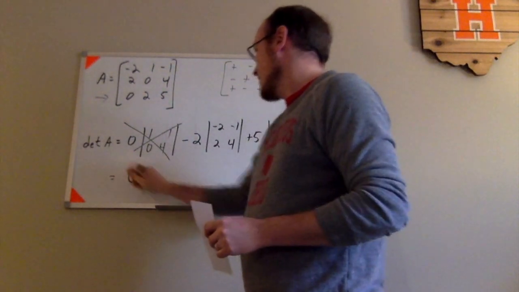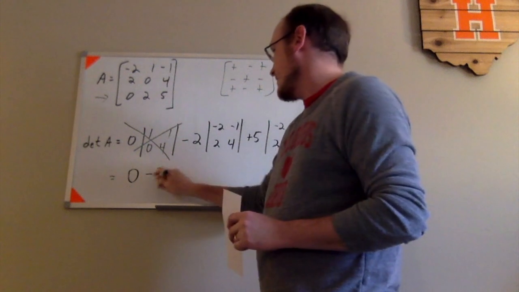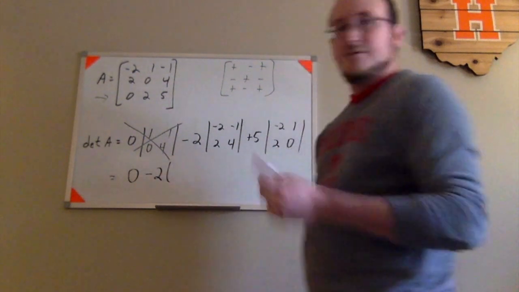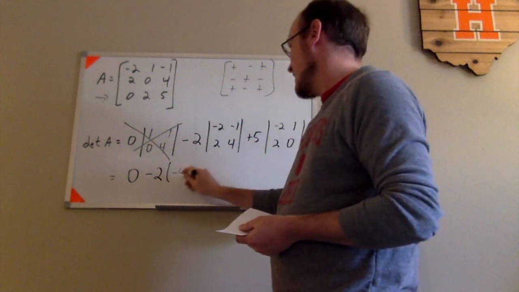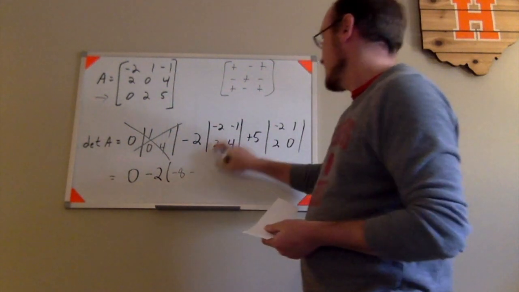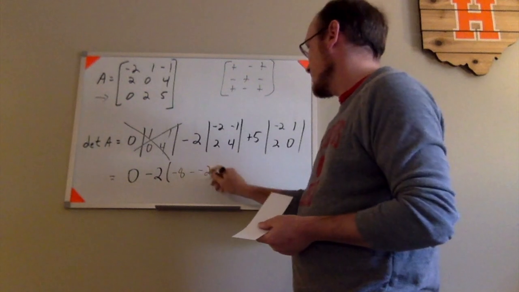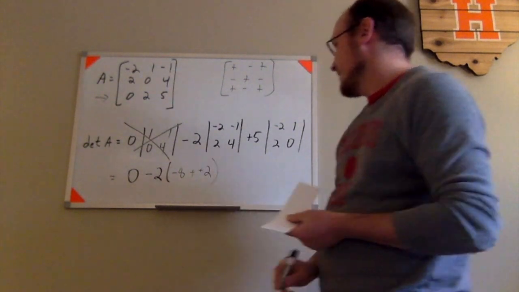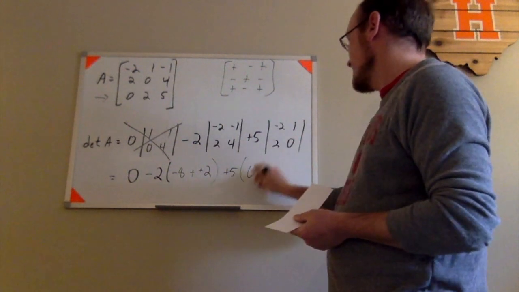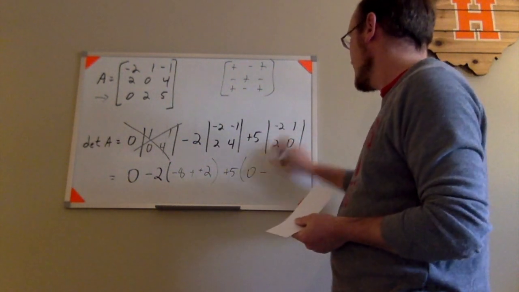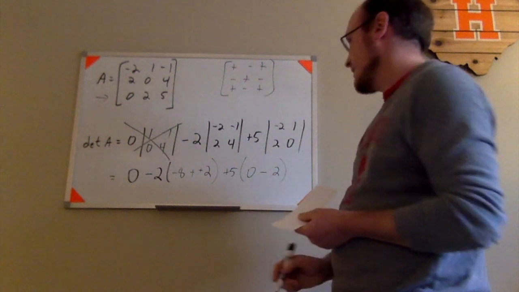So I just have 0, and then over here I have a -2 times, and when you do your determinant, remember, it's -2 times 4, which is -8, minus 2 times -1, which is -2. Get the double negative in there. 5 times -2 times 0 is 0, minus 2 times 1, like that.